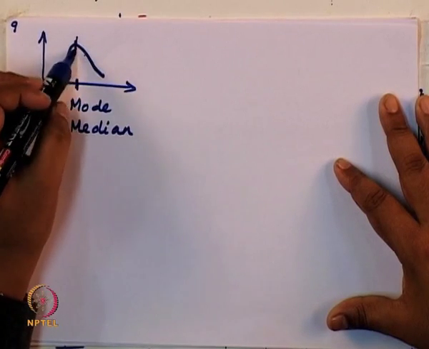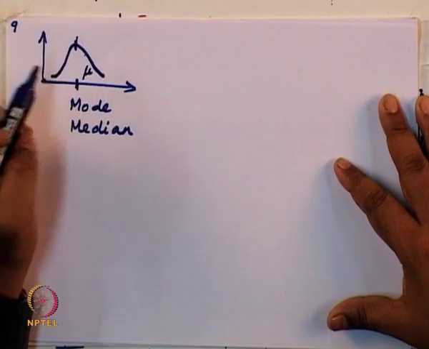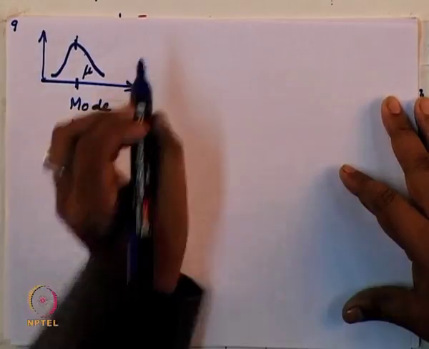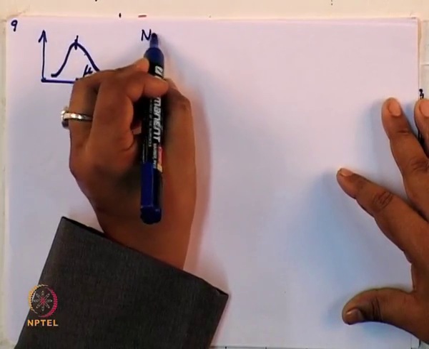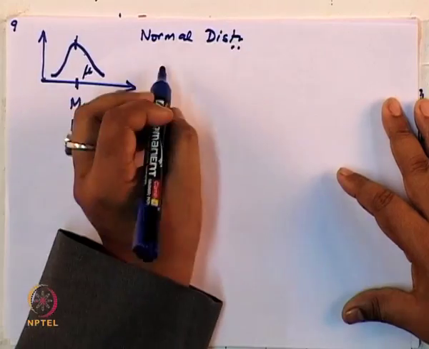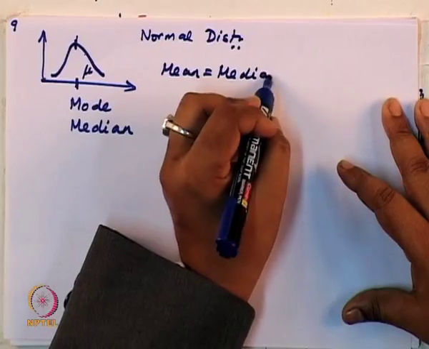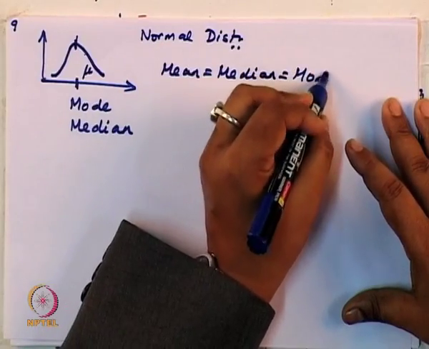So, their average will always give you this particular value, which is nothing but mu. So, it means that for a normal distribution, mean is equal to median is equal to mode.